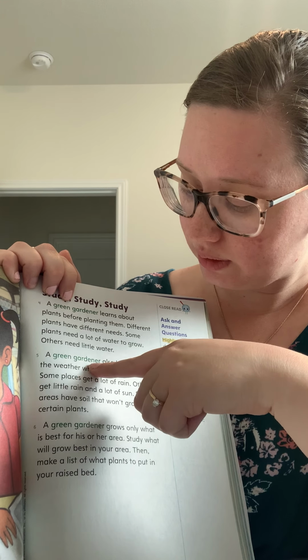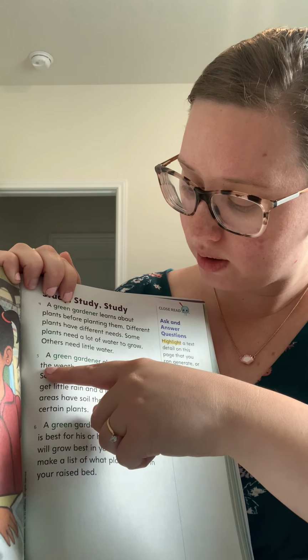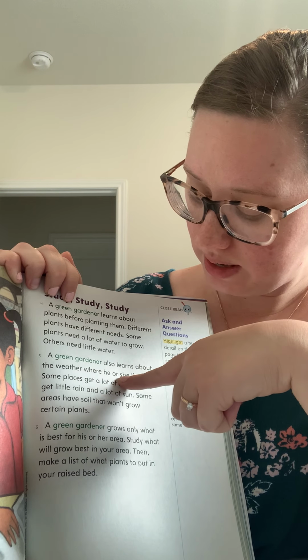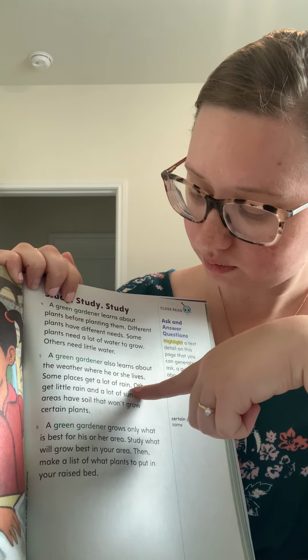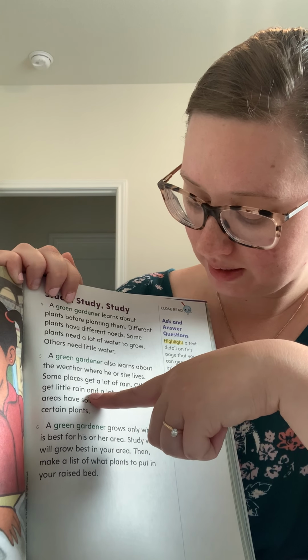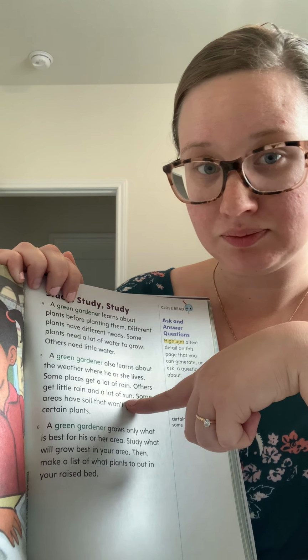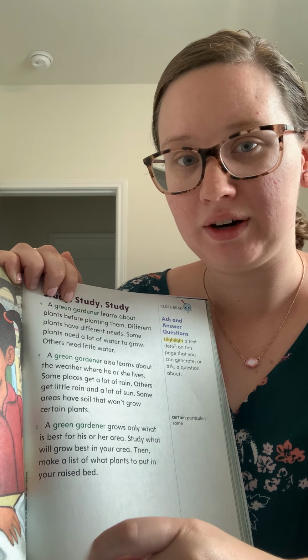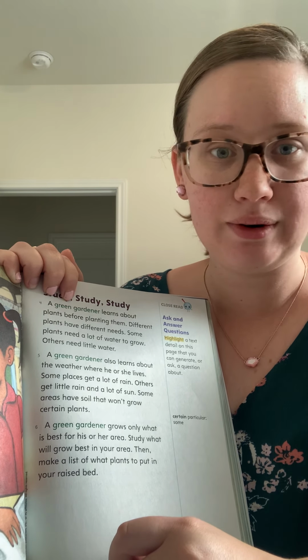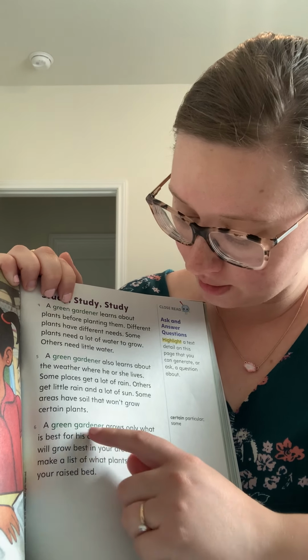A green gardener also learns about the weather where he or she lives. Some places get a lot of rain. Others get little rain and lots of sun. Oh, I'm making a connection to our past story when Erica and her family went to Arizona. Arizona was dry, not very much rain.